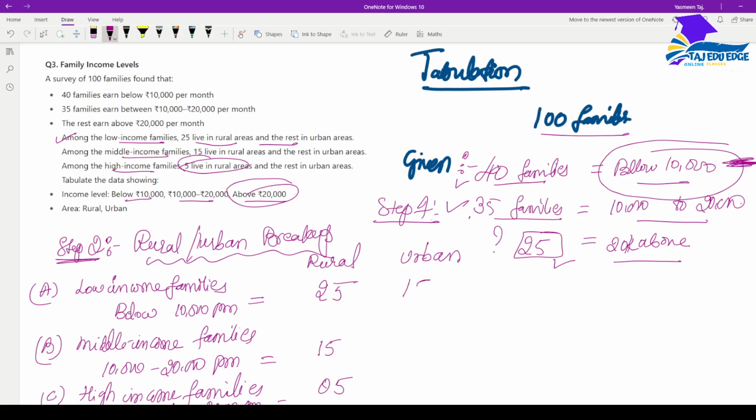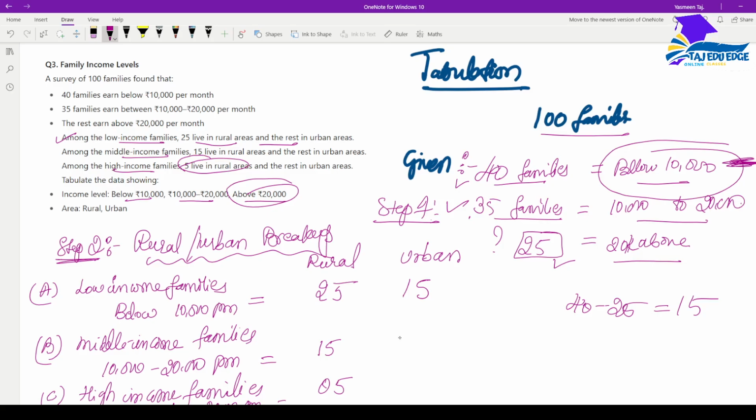How did we get this 15? By subtracting 40 minus 25. 40 minus 25 is 15. Okay, that is how we get it.